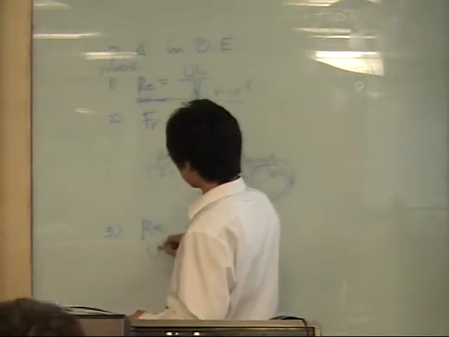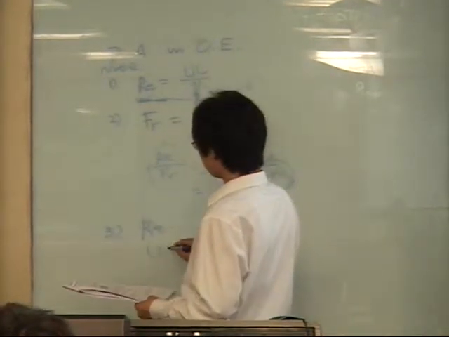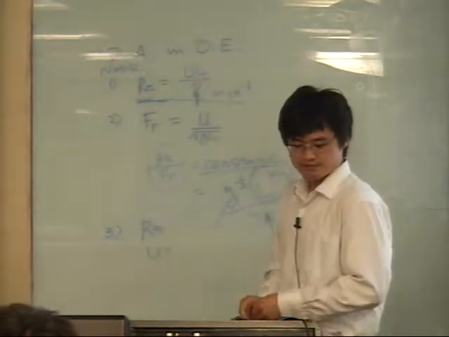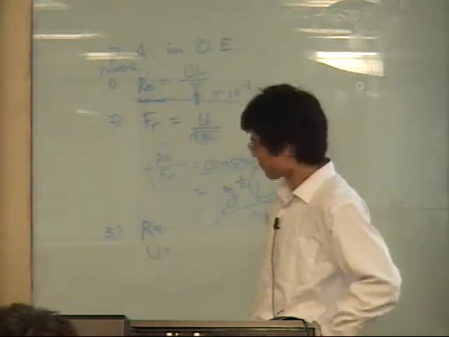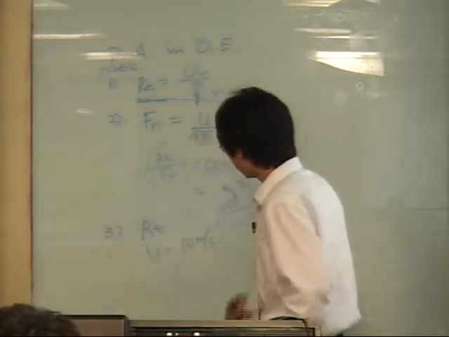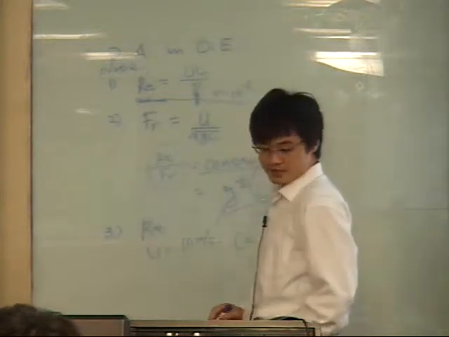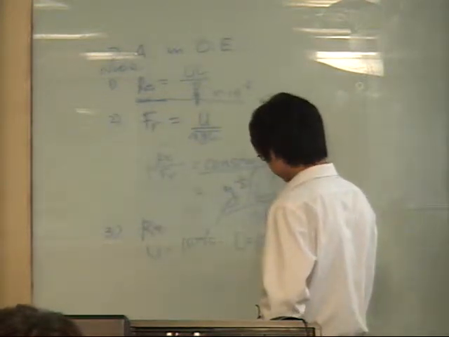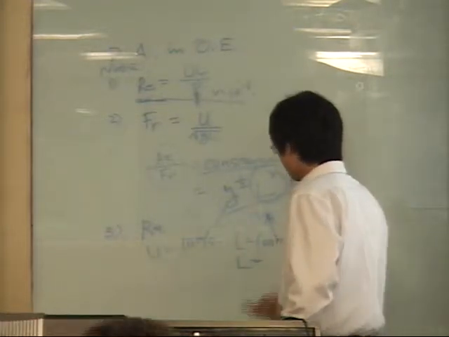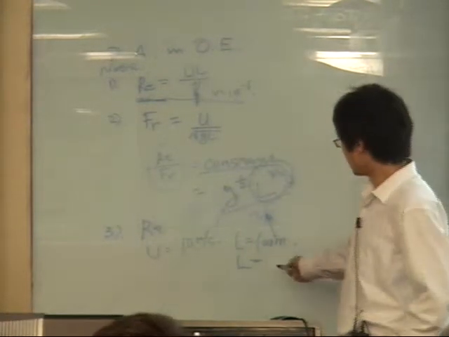If we have a full scale ship moving at 20 knots, that equals 10 meters per second, right? And the length of the ship, a reasonable assumption, is 100 meters. For our model scale, 2 meters.